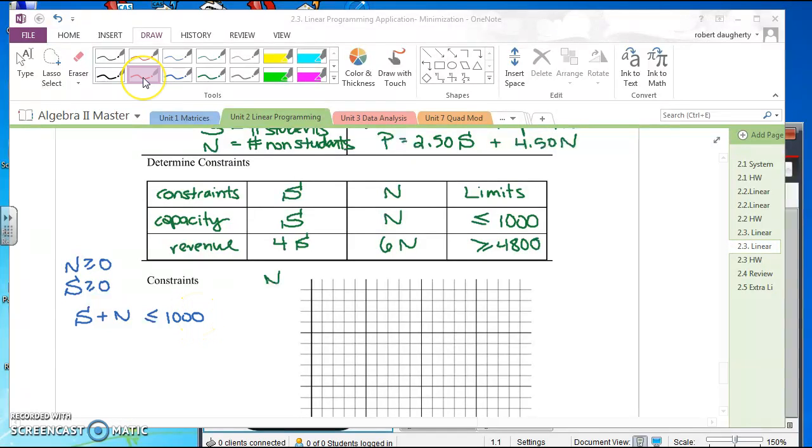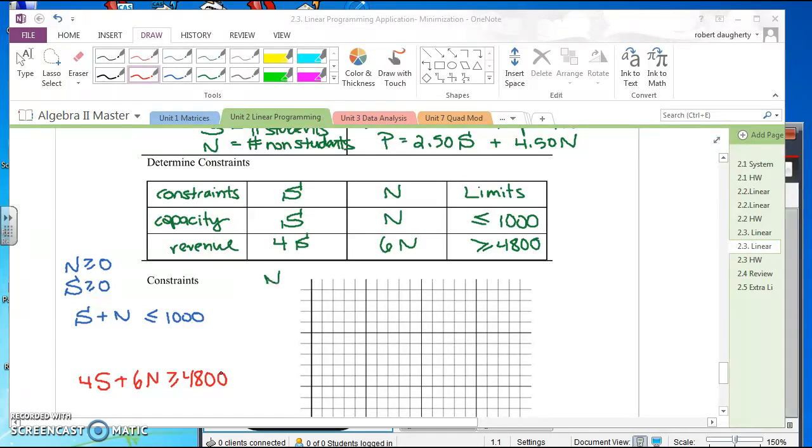And then my other constraint is 4S plus, let me make that a little bit clearer, I'm trying to make my S's not look like my 5s. So 4S plus 6N is greater than or equal to 4,800.